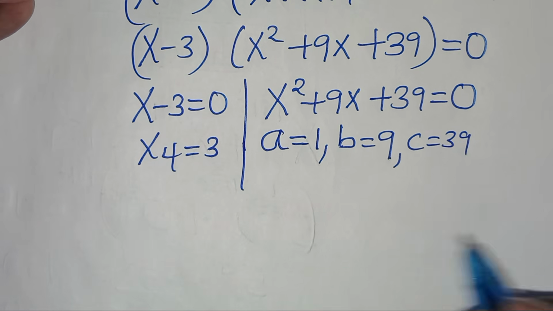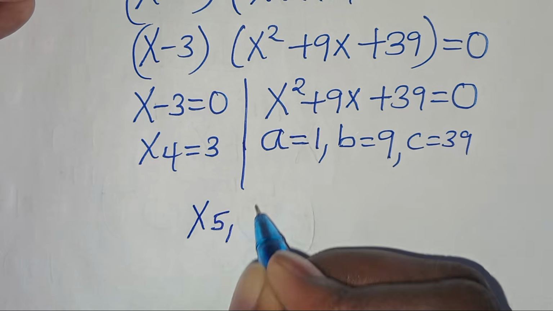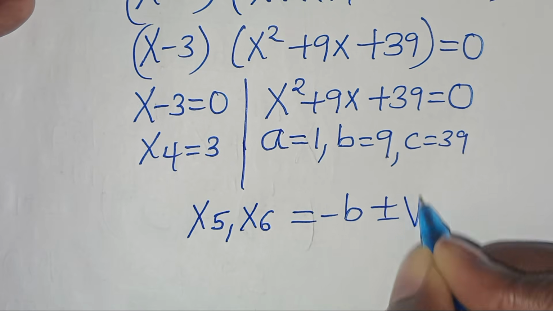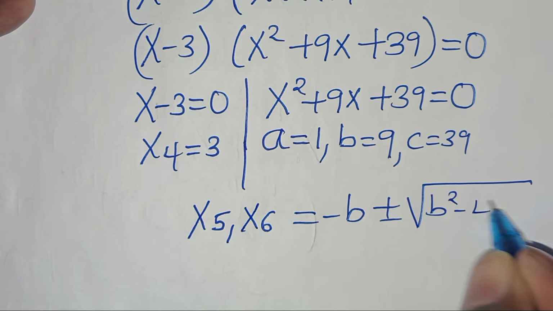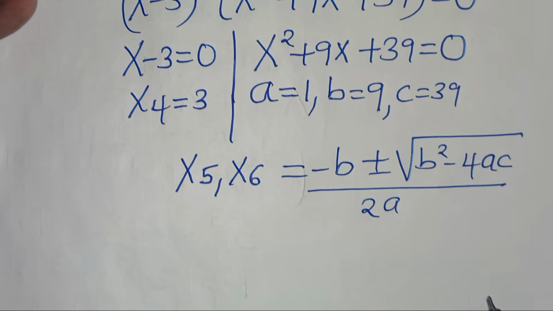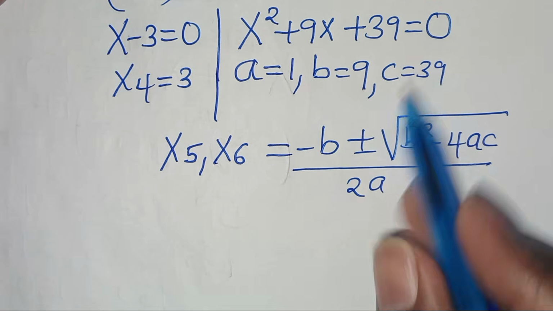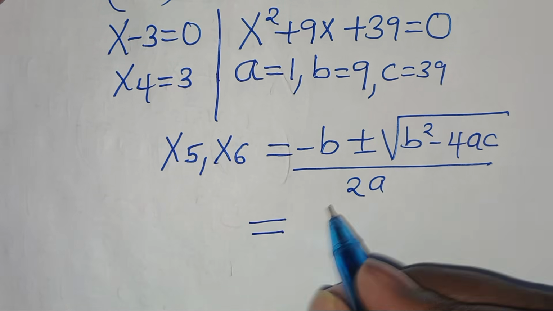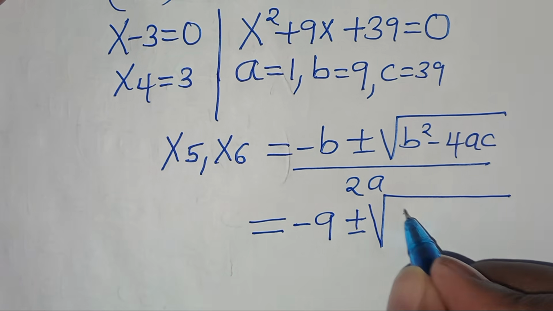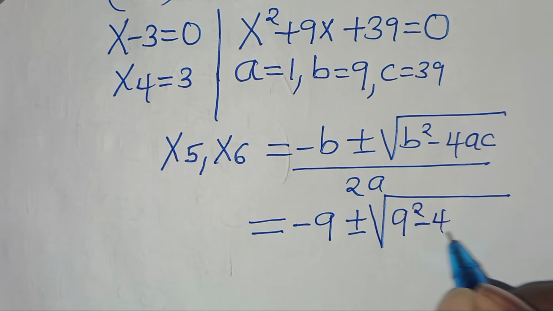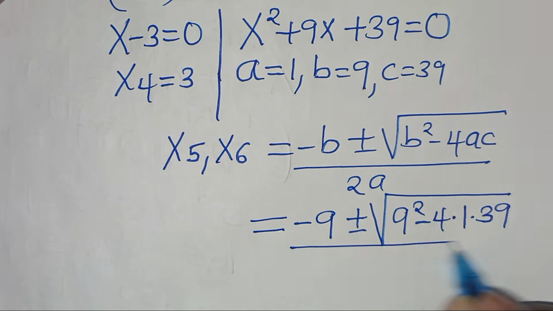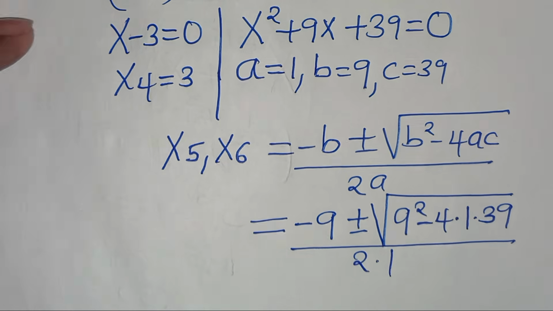So this means that we can solve for x5, x6 by applying the quadratic formula, which is minus b plus or minus the square root of b squared minus 4ac, divided by 2 multiplied by a. Let's substitute the values of a, b, and c into this formula here, so that we have negative 9 plus or minus the square root of 9 squared minus 4 multiplied by 1 multiplied by c, which is 39, divided by 2 multiplied by 1.